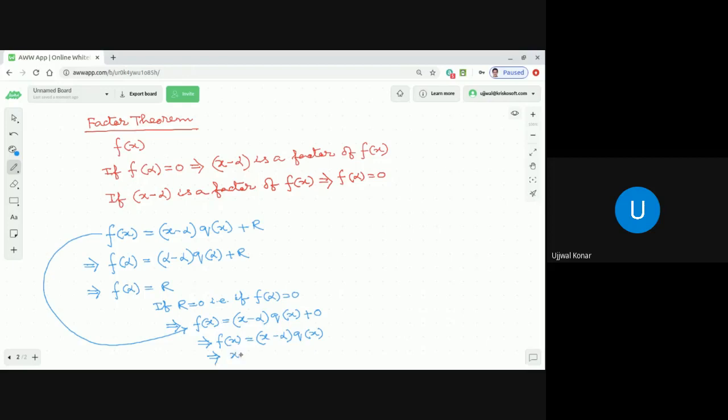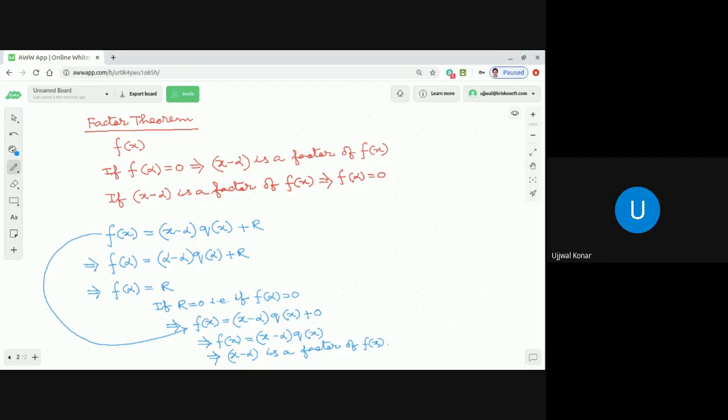That implies x minus alpha is a factor of f(x). Correct or not? Absolutely clear, or any doubt you have?